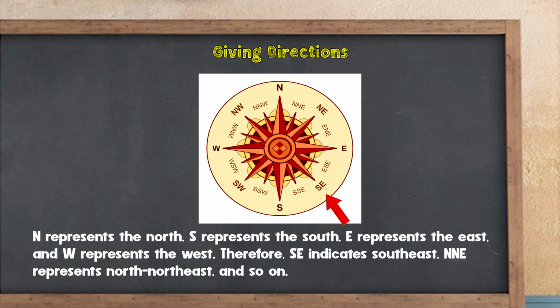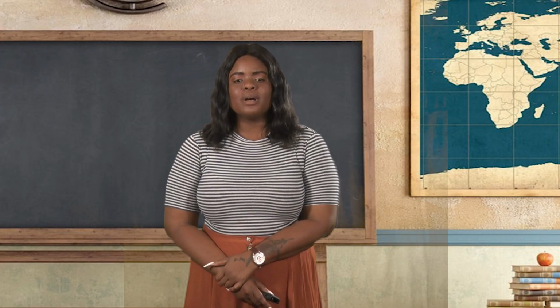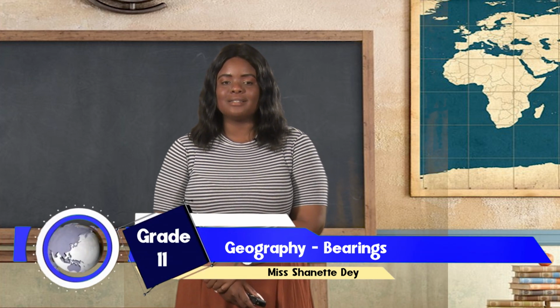Therefore, SE indicates, you got it, southeast. And NNE represents north, northeast, and so on. You must learn these 16 points by heart. I know it might be difficult, but you got this.